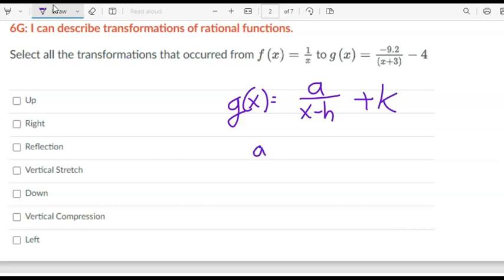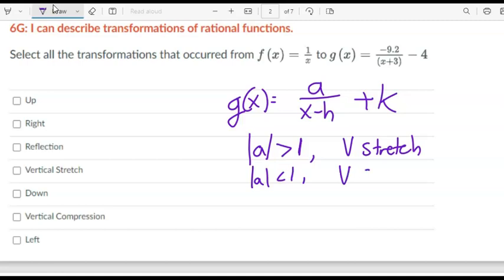If the absolute value of a is larger than 1, there's a vertical stretch. If the absolute value of a is less than 1, there's a vertical shrink, a vertical compression. If a is negative, we have a reflection.